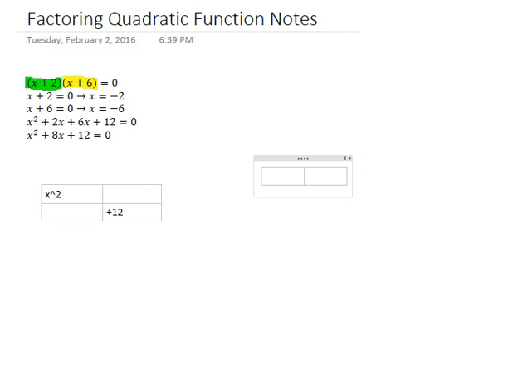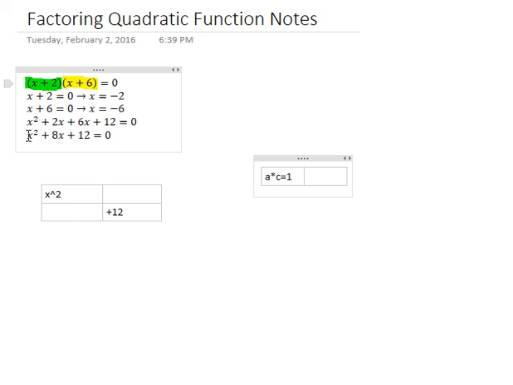Okay. We're going to make a table. And on the top of our table, on this left-hand side, we're going to have what I'm going to call A times C. Well, what's A and what's C? We're going back to the standard form of our quadratic function here. A is the coefficient of our x squared term, which is just 1.